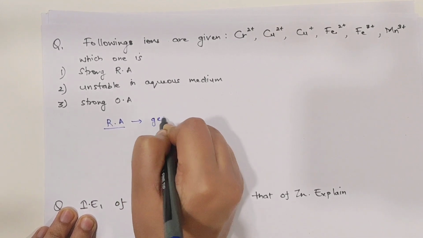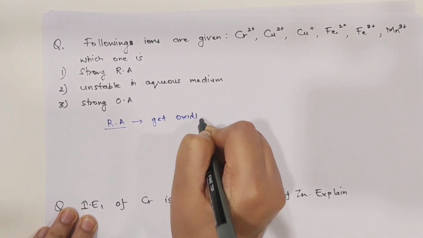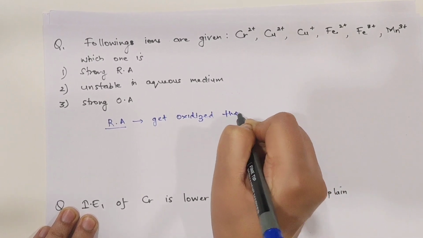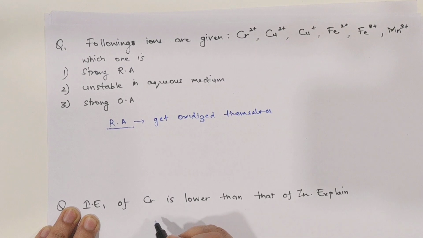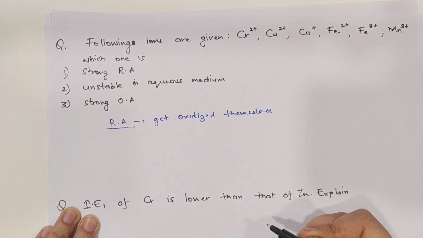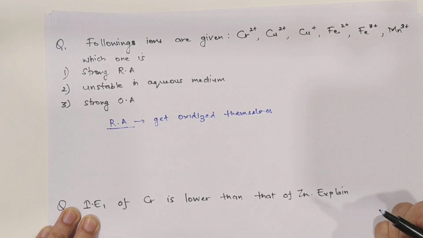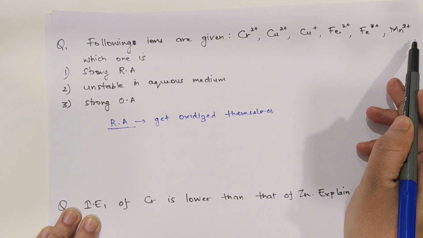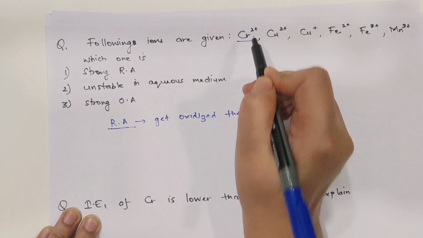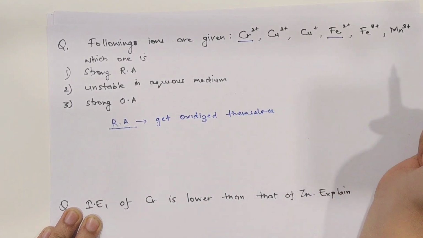Reducing agents get oxidized themselves. So a strong reducing agent would be very much eager to get oxidized. So which of the following ions would want to get oxidized? This is a possibility, and then this is also a possibility.